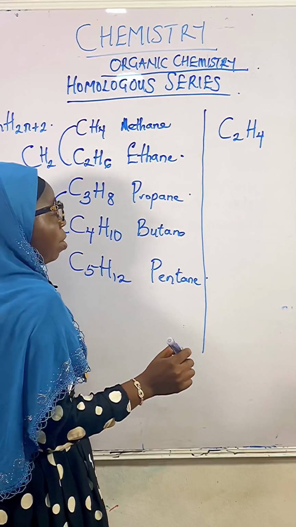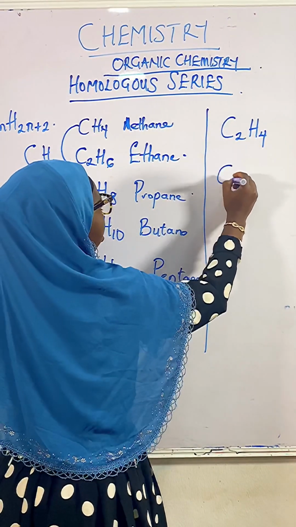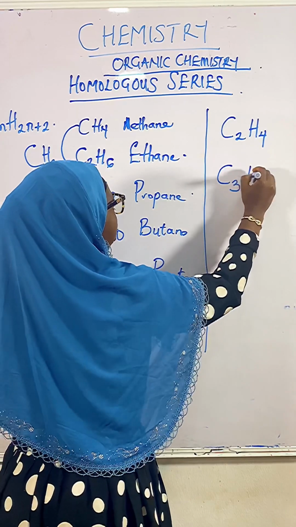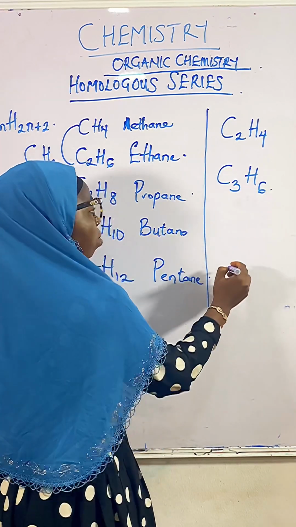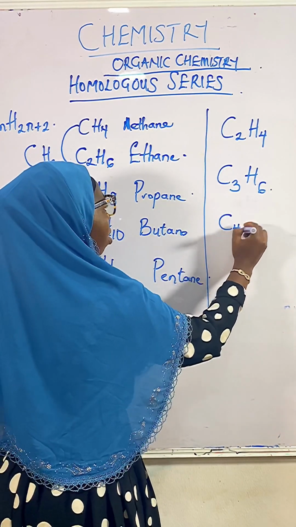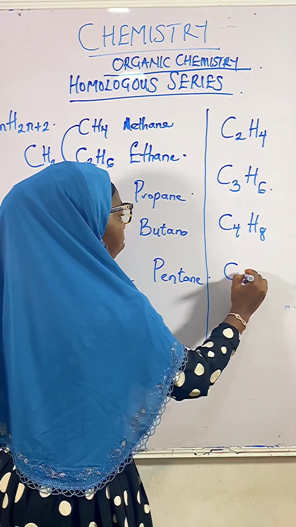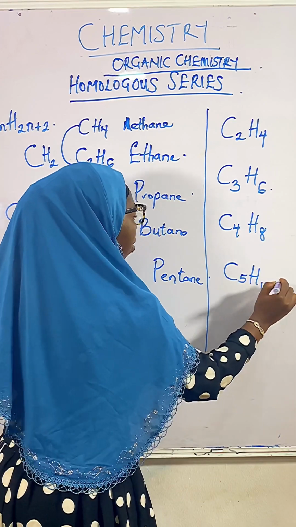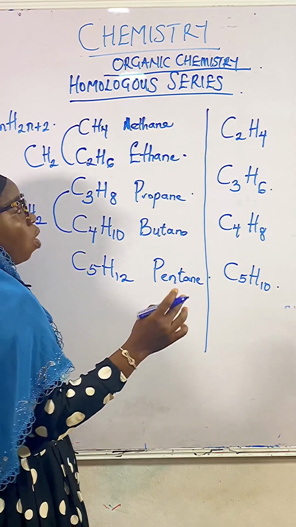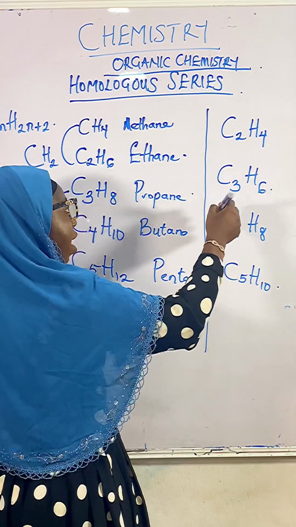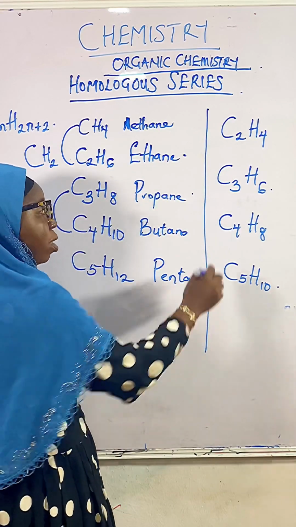Then the next member of alkene we have is C3H6. The next one is going to be what? C4H8. The next one is C5H10. Very good.